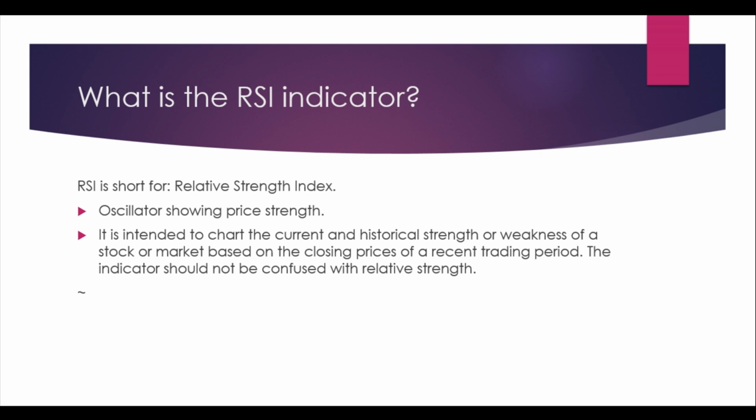It's an oscillator type that shows the strength of price, either the strength of price going up or the strength of price going down. Just like what we did with the ADX in the last episode. The ADX is the measure of the strength of trend, either up or down, bullish or bearish. And the RSI is the strength of price, bullish or bearish.